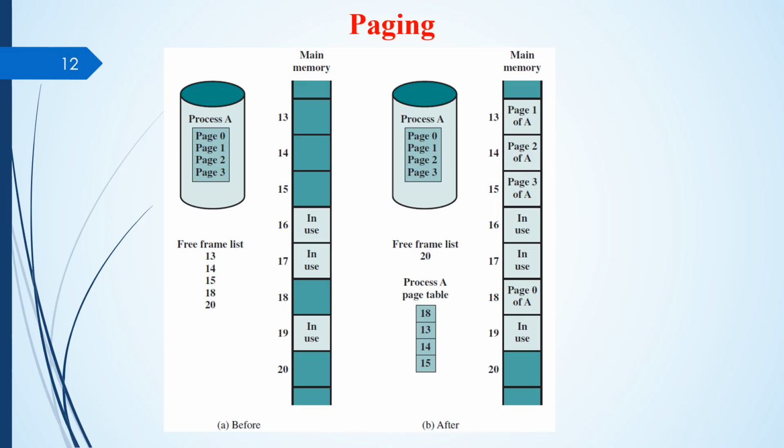The operating system keeps track of which page is in which frame using a page table. This way, we can fit more processes in memory and keep the CPU busy. With paging, a process can be loaded into memory even if free spaces are not next to each other.